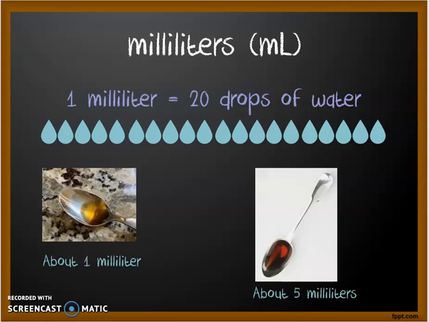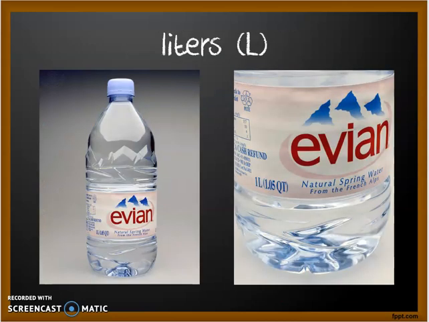So now let's talk about a liter. 1 liter is actually 1,000 milliliters. So 1 liter is the same as this bottle of water. I did a little close-up here so you could see it actually has the measurement on it, 1 liter of water.